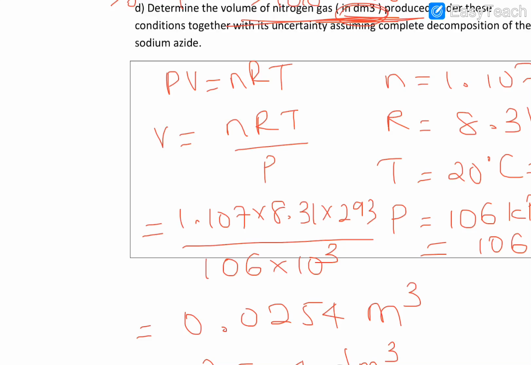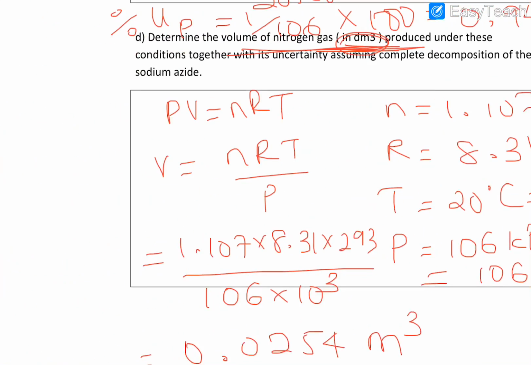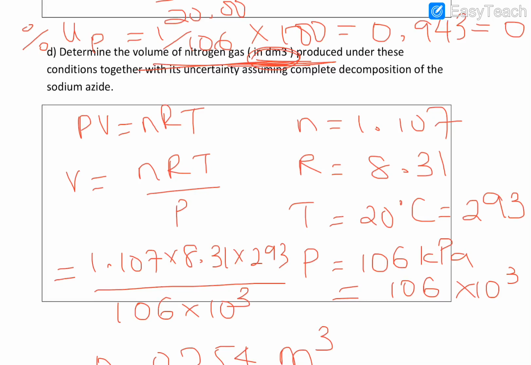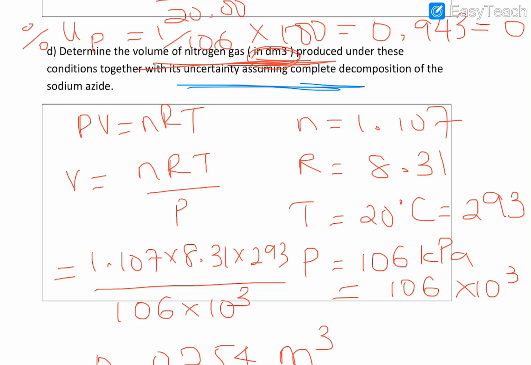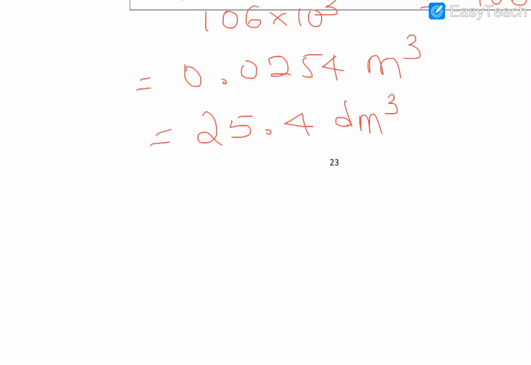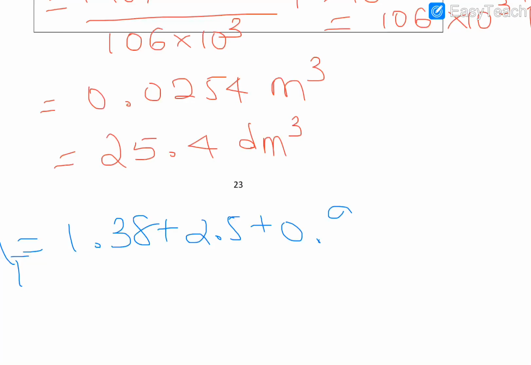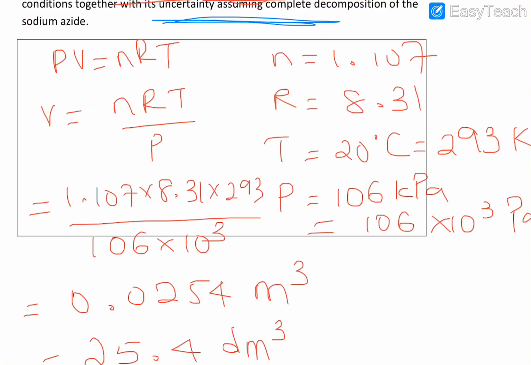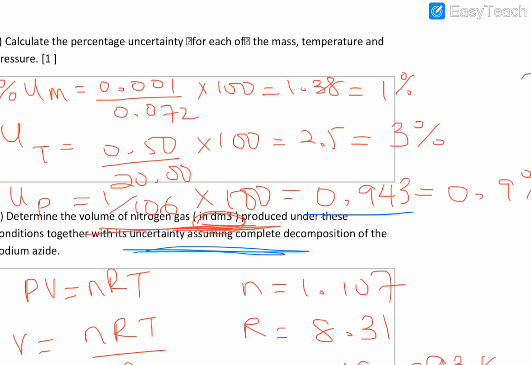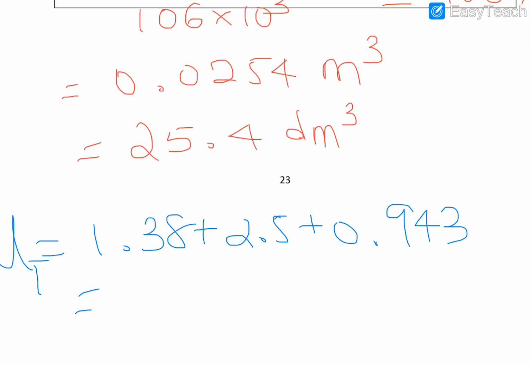Now I will need to find the uncertainty. So for me to get the uncertainty, I'm going to use sum of percentage uncertainties. So that's going to be uncertainty total. I'm going to use calculator values, not the rounded up values. 0.943. So I'm going to use these original values. This is why I kept these values here, so that I can use them in my calculation.